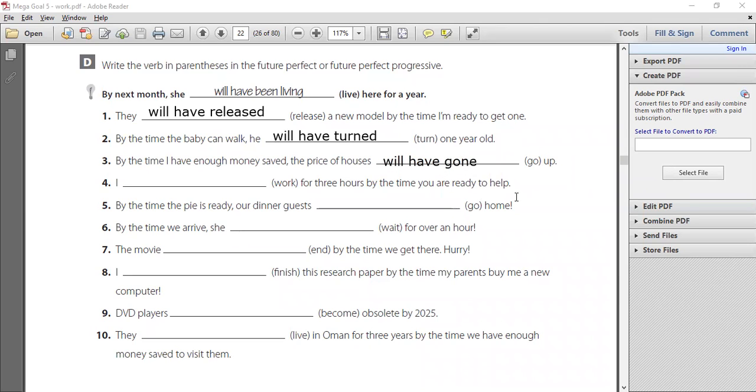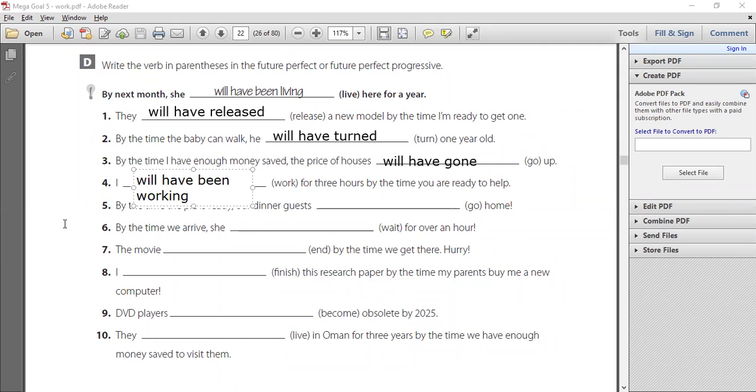Number 4. Okay, I will leave it to you. Who can do number 4? Can I do it? Yes, please. Rahaf, right? I will have been working. Yes. Can you tell us why did you choose the future perfect progressive? It's correct.